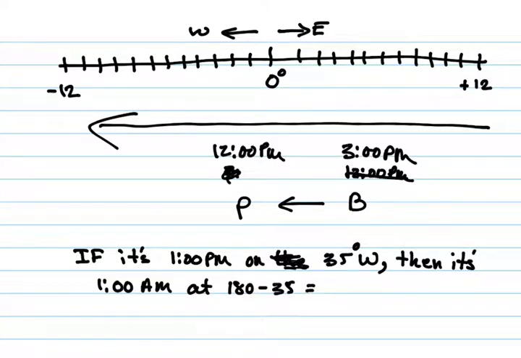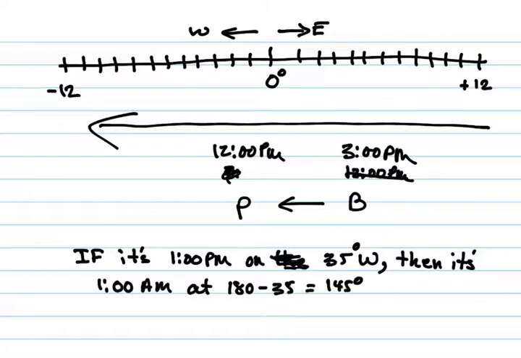In other words, the opposite side. So what's 180 minus 35, all of you calculator people that I've already told you to bring your calculator? 145. So opposite sides have opposite times, and you could use that information to get yourself a starting point, and then you could move from there. And that's one way of determining time differences.